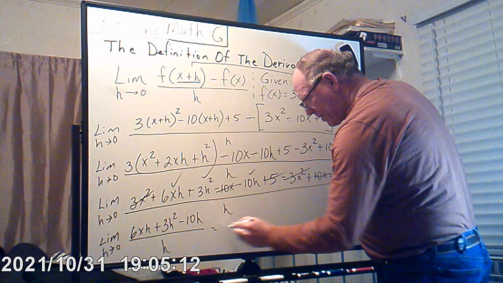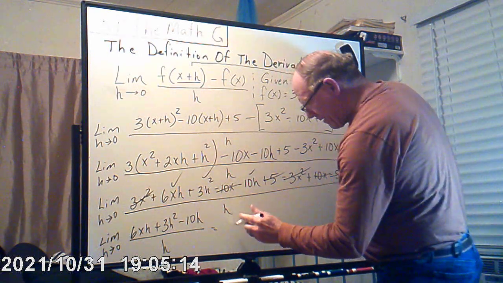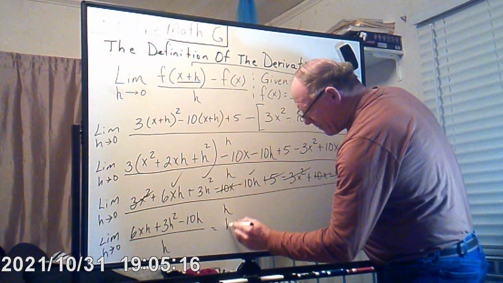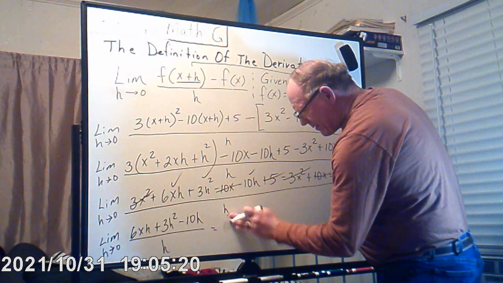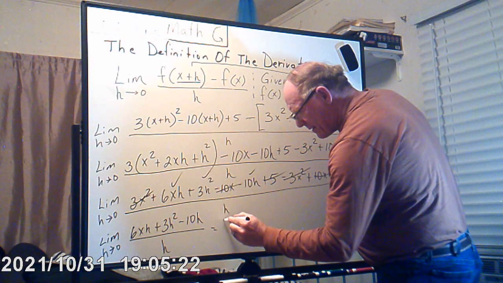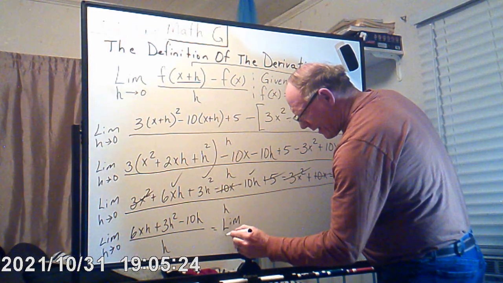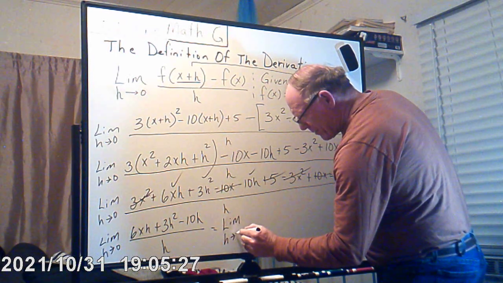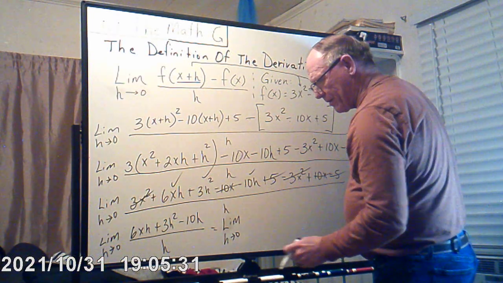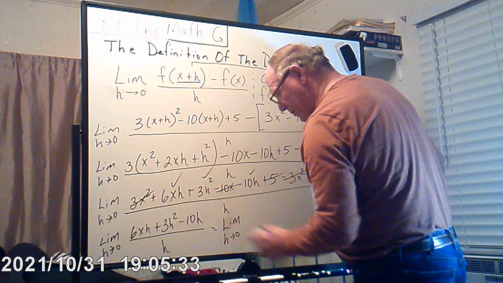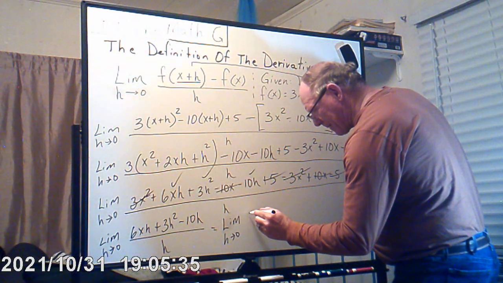Alright, we're going to go on down. Hopefully we won't have to flip this over, but I'm betting we will. Let's put that down correctly here. The limit as h approaches 0. We have an h in each term, so we can factor out a common h.